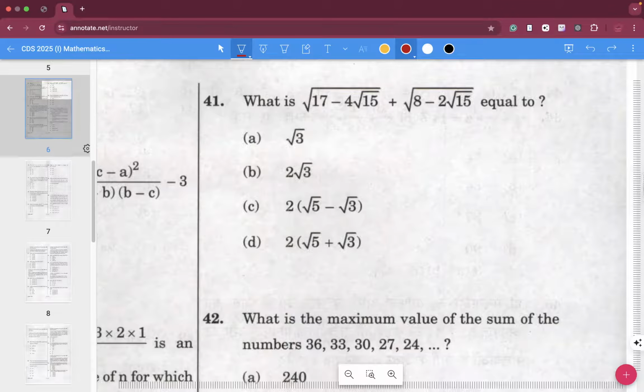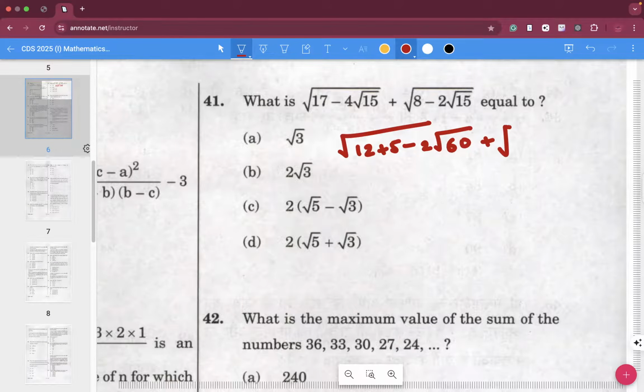Can we write this as root of 12 plus 5 minus 2 root 60, and root of 5 plus 3 minus 2 root 15?